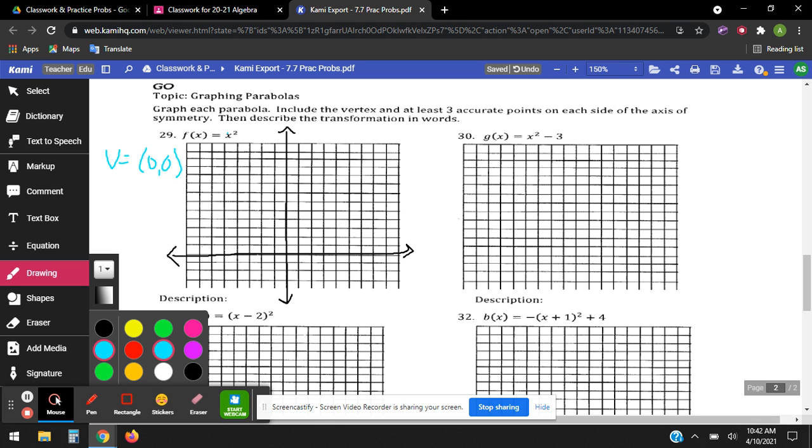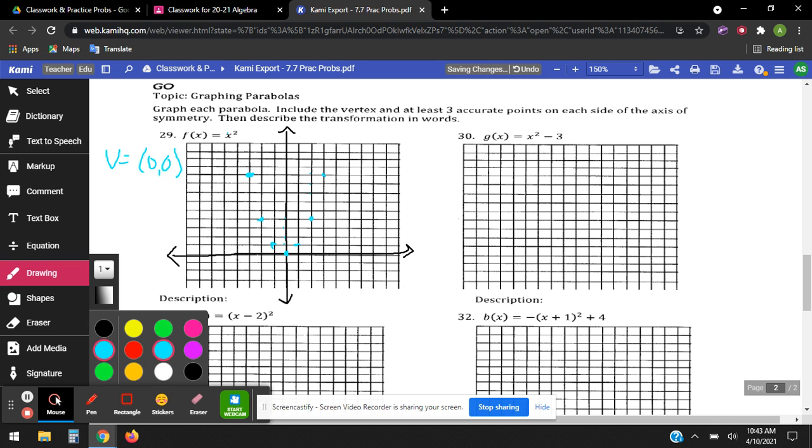So when we do, we can just plug these in, right? Because 0 squared is 0. 1 squared is 1. 2 squared is 4. 3 squared is 9. And that's as much as we have room for.